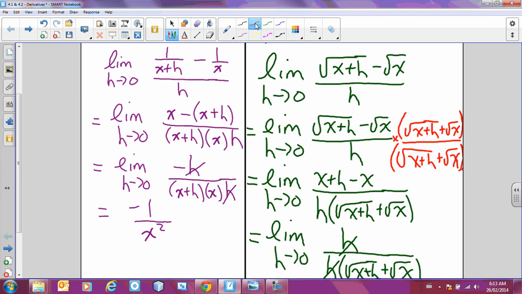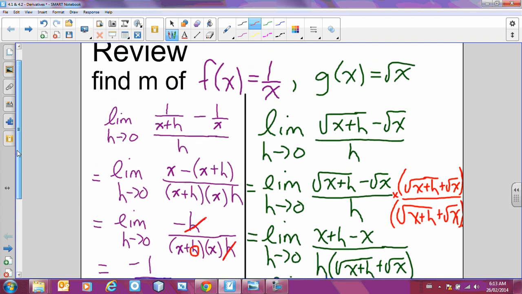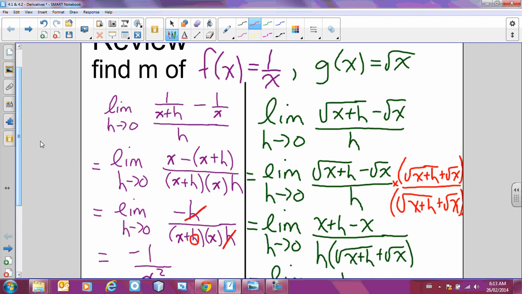And then basically as we get down to here, we're looking at dividing the h's out, subbing in your 0, and we end up with -1 on top and x times x, or x squared on the bottom, in the numerator and denominator, sorry. I've been criticized by other teachers for not using numerator denominator and saying top and bottom, but my assumption is you know what numerator and denominator are.